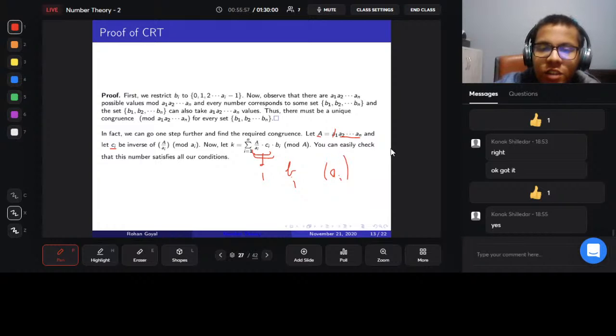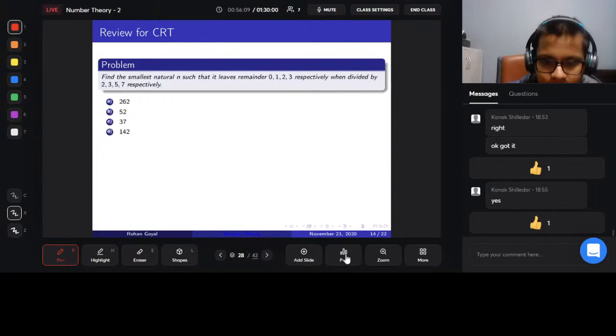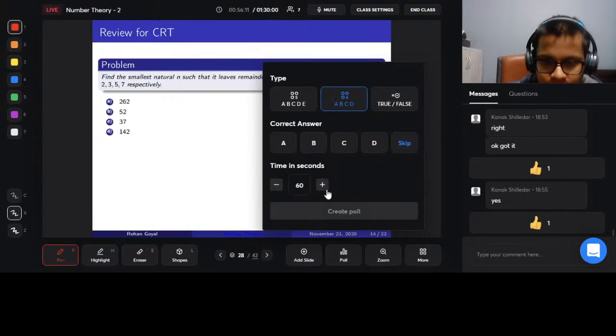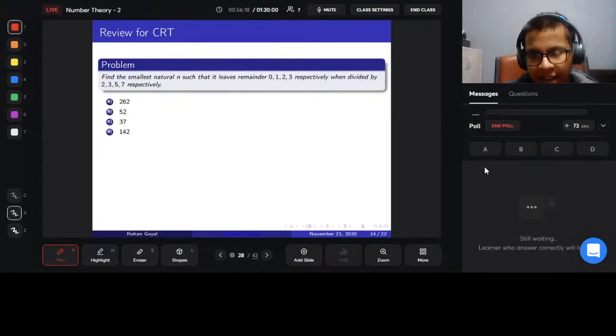So now we'll move on to the next part. That is the review problem for the Chinese remainder theorem. Can you find the smallest such n now? I'll give you some time for it. Please don't try option by option, but actually find it using Chinese remainder theorem and then see which option your answer matches.